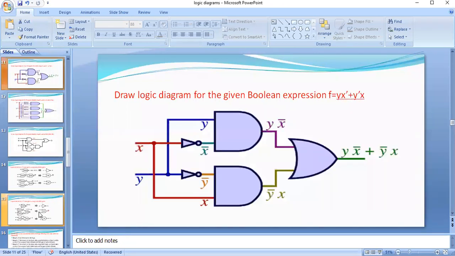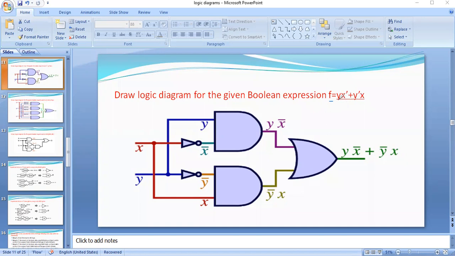And next, see here, I'm taking one more example. By taking this example, you have to draw the logic diagram using only basic gates. I'm taking output F, and the input variables: y into x bar plus y bar x.